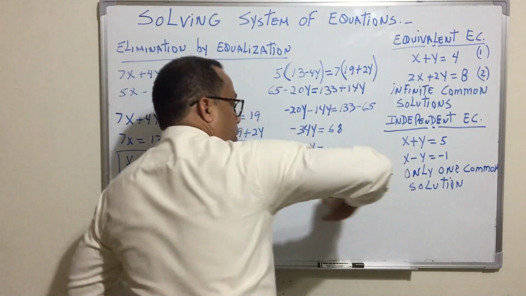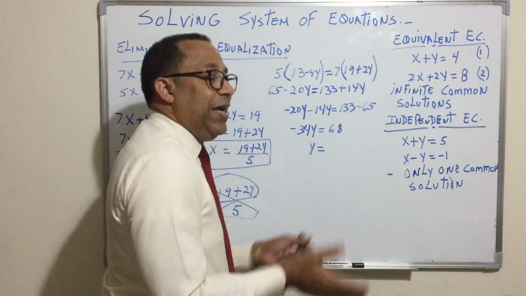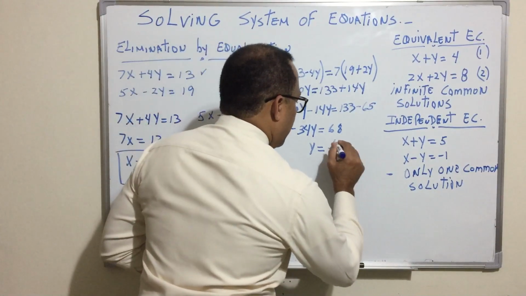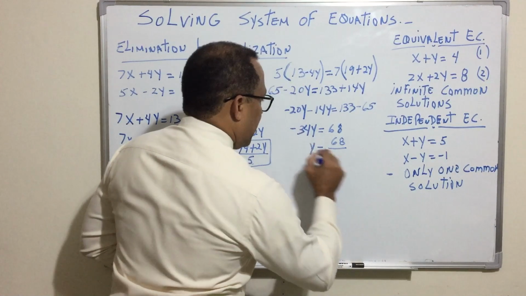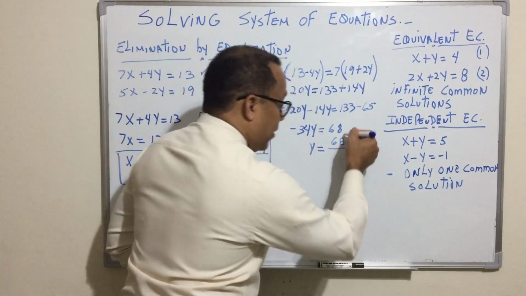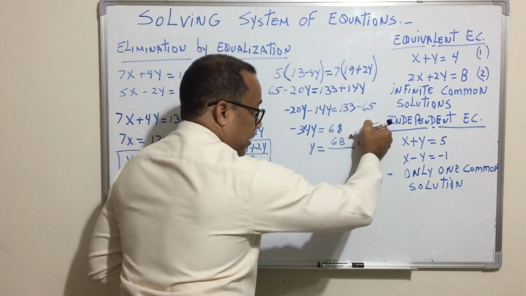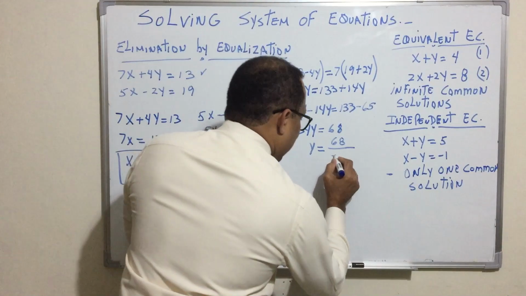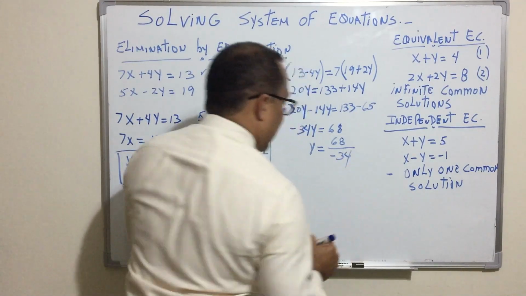When you take it to the other side, to the right side, it will be dividing. So I'll copy the 68 and 34 comes dividing. Dividing means the denominator. And when it's moved to the other side, we keep the same sign.